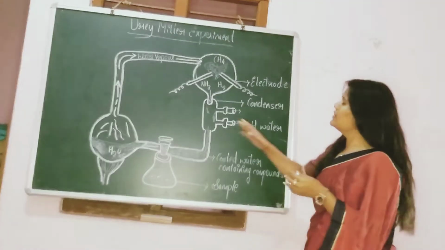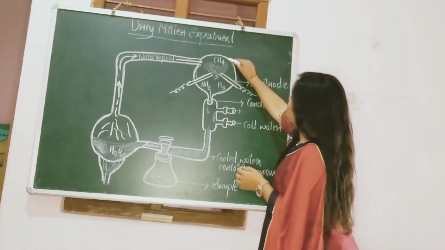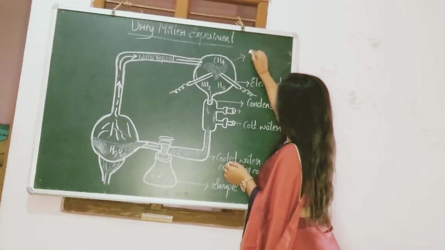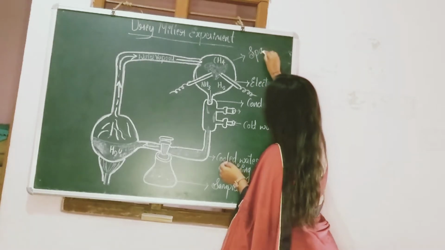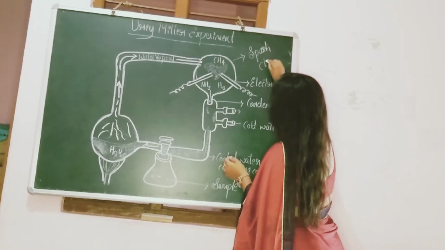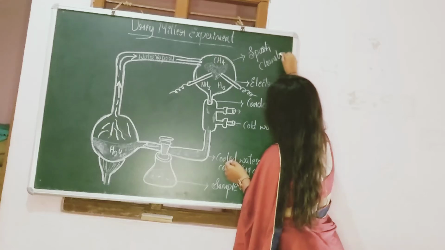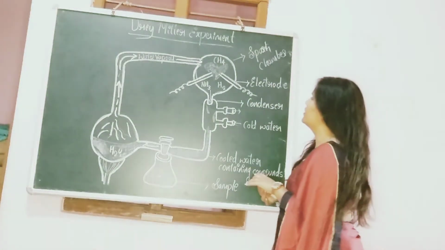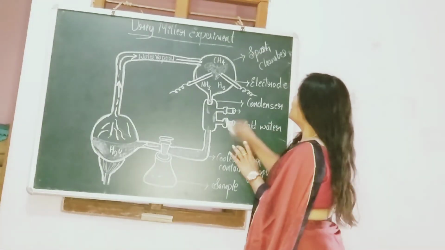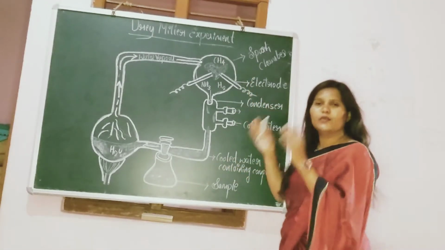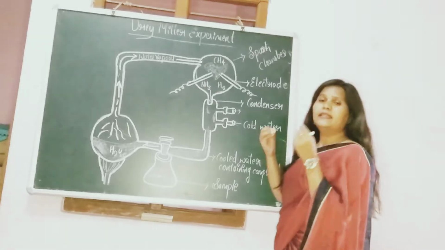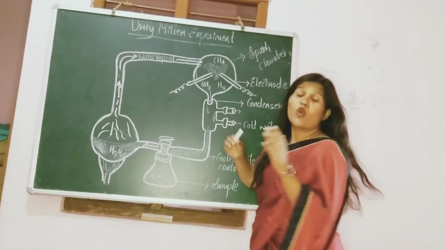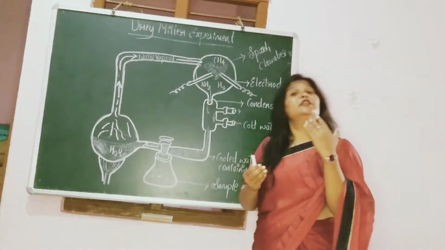See, have a look over this picture. Can you see this chamber? This chamber is called the spark chamber. Please remember this. Why is it called a spark chamber? Before going to that, in this chamber Urey and Miller filled the inorganic molecules which were present in the primitive earth.